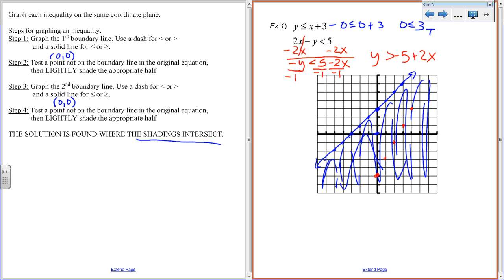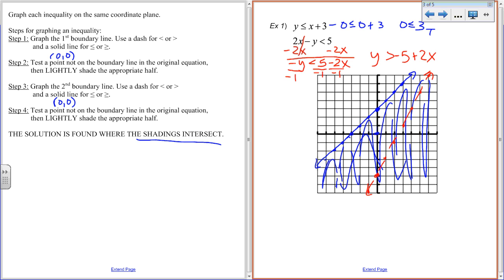Now, ladies and gentlemen, what do we notice is happening here on this graph? They're not even intersecting, are they? And that's okay, because it's not the lines that are important here, ladies and gentlemen. It's their shadings that have to intersect. So it's okay if I don't have my two lines intersect in the same graph. Dashed line, so I should see your dashed line here.